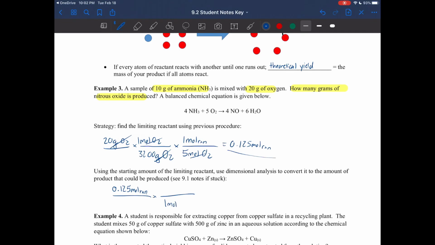Well, in every 1 mole of reaction that happens, every chemical equation, it looks like we have, what is that, 4 moles of nitrous oxide, that NO, that are formed. And then we are asked for mass, or how many grams, so we got to do one more conversion here.